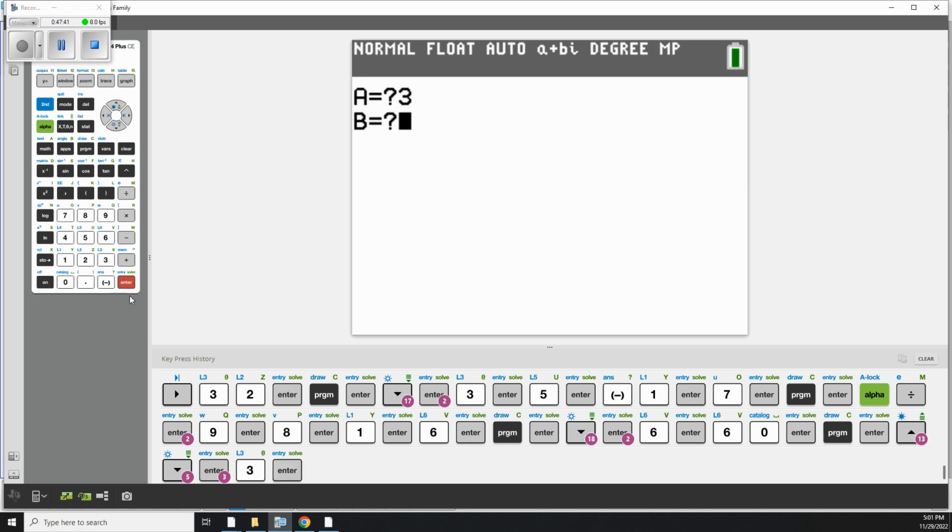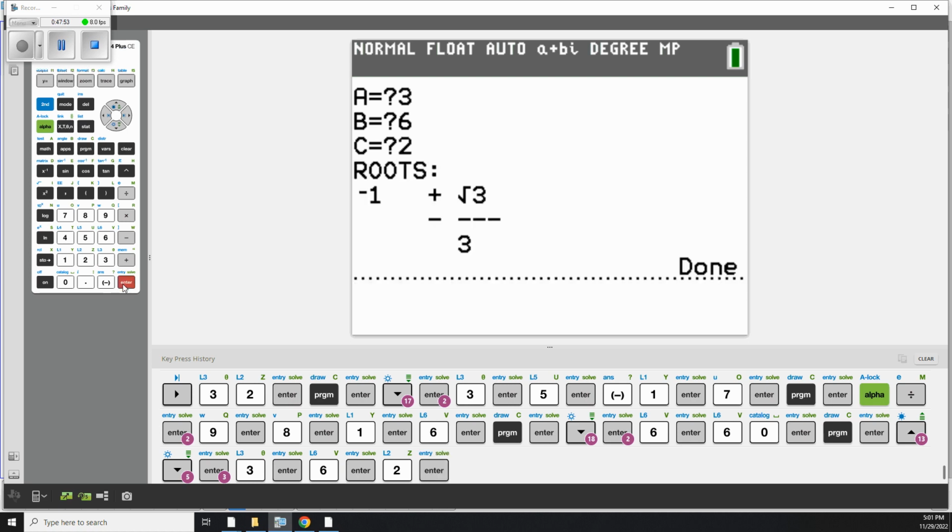Give me a B. 6, give me a C. 3x squared plus 6x plus 2. Hit enter. Negative 1 plus or minus the square root of 3 over 3. That's the two answers to the quadratic, and it's in quadratic form, huh?